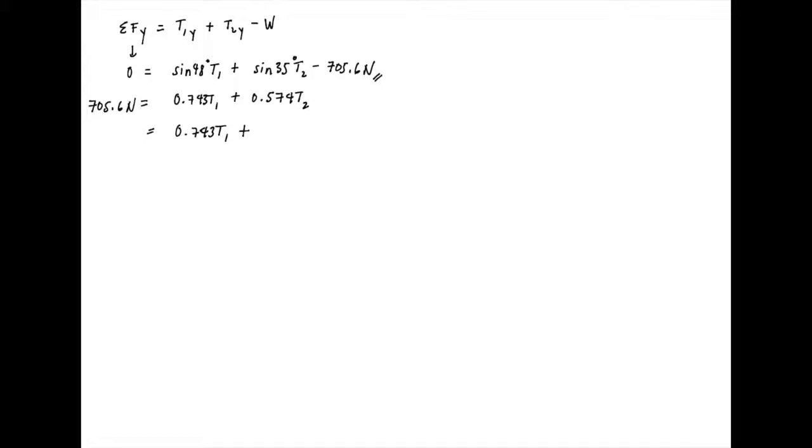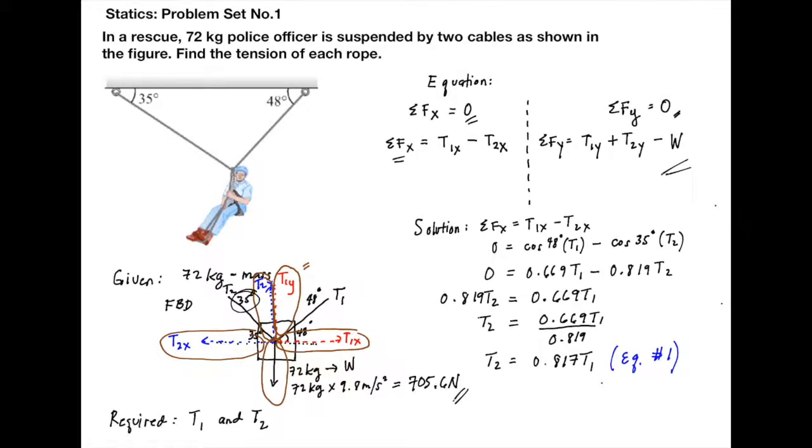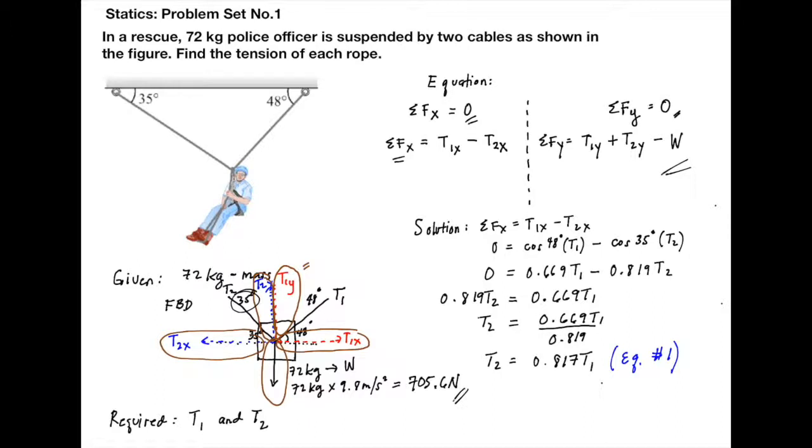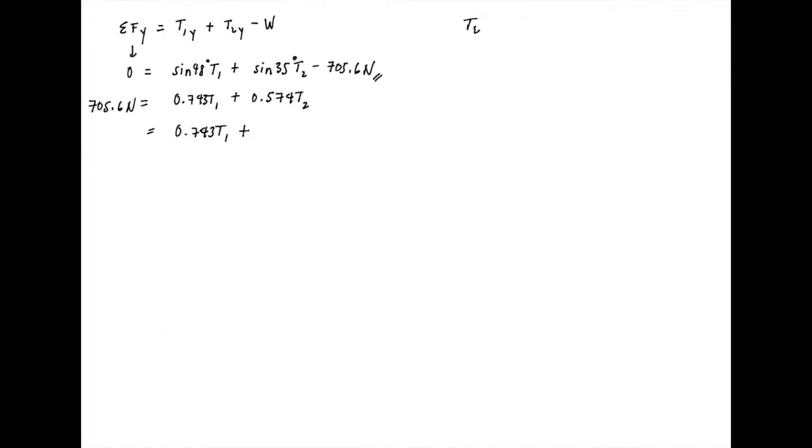Remember that we have our equation 1, we have T2, our value of our equation 1 is this 0.817 of T1. T2 is equals to 0.817 of our T1. This is our equation 1.